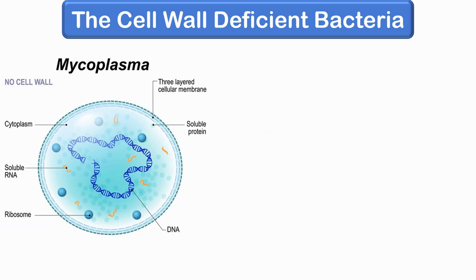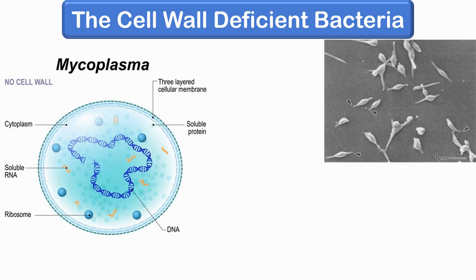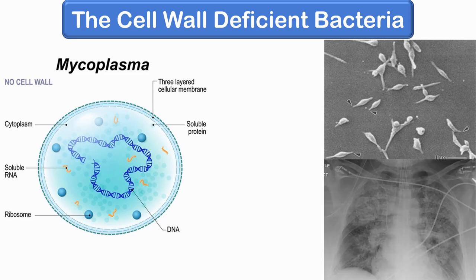Now let us see some cell wall deficient bacteria. Mycoplasma are the bacteria that naturally lack a cell wall, but their cell membrane is stabilized by sterols and is resistant to lysis. They are tiny pleomorphic cells ranging in shape from filamentous, coccus, or donut-shaped. Mycoplasma pneumoniae adheres to the respiratory membrane in humans and causes an atypical type of pneumonia.